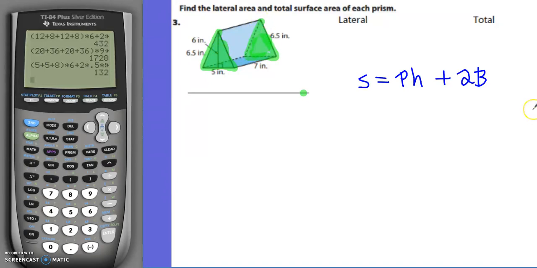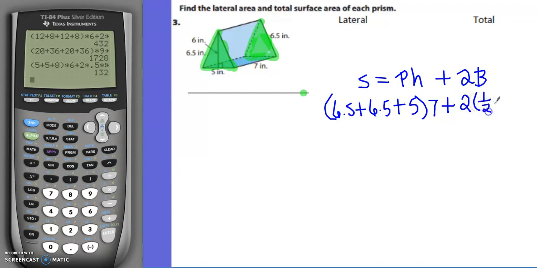Okay, so the perimeter of the triangle is 6.5 plus 6.5 plus 5. The height of the prism is the distance between the two triangles, which is 7. Twice the area of the base. So remember, triangle is 1/2. The base is 5, and the height is 6.